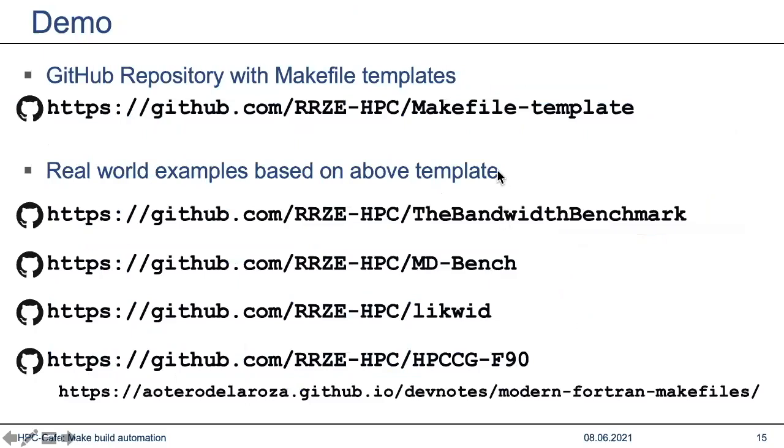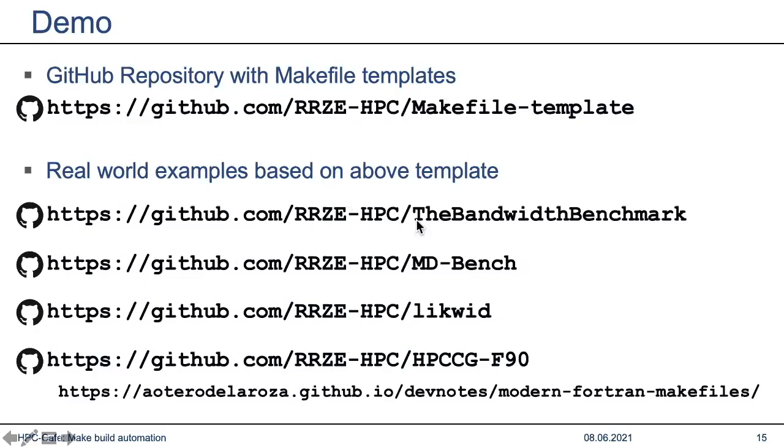And now I have prepared a demo, and we have a GitHub repository with a makefile template, 3 different versions, and I will do the demo with this template. Still, I encourage you to also look at other repositories which are based on this template.